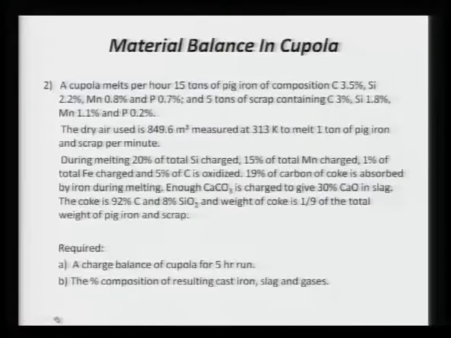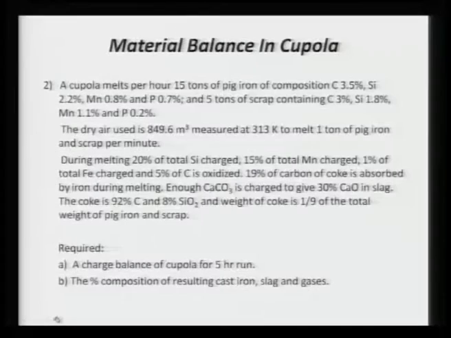Pig iron is one component of the burden, another is the scrap, the third is coke, and the fourth is the limestone. The dry air used is 849.6 meter cube, measured at 313 Kelvin, to melt 1 ton of pig iron and scrap per minute. You should read the problem very carefully to solve it.